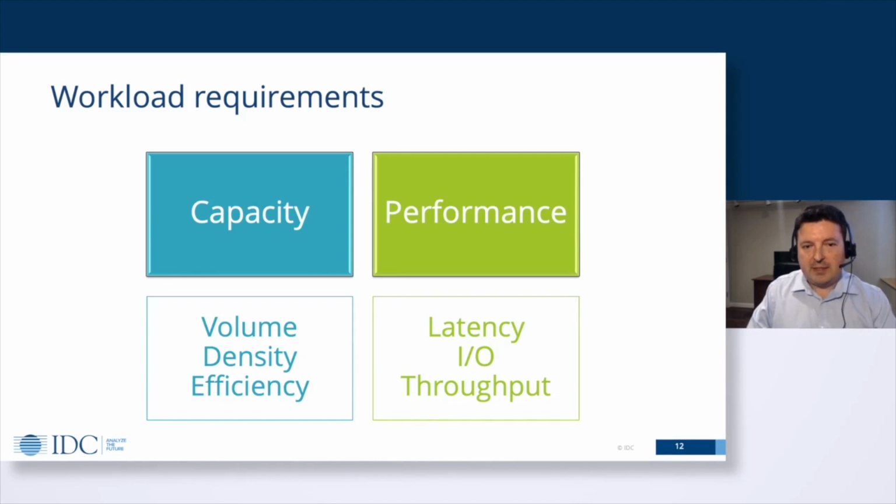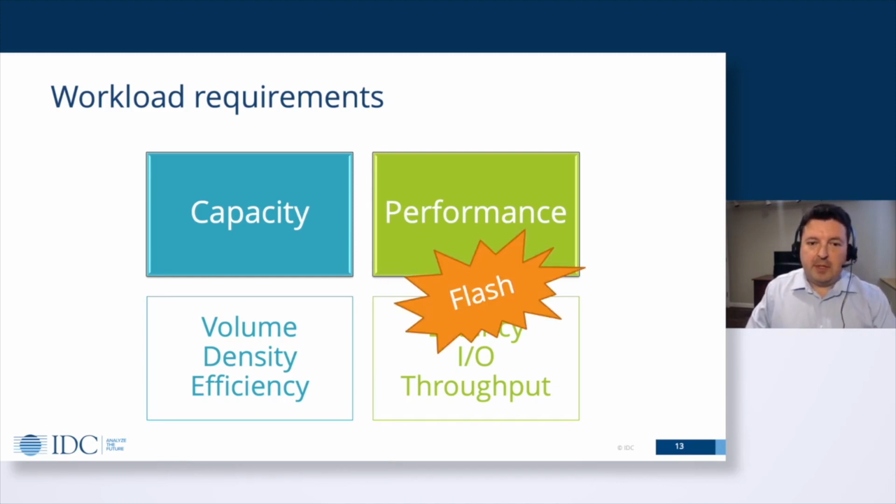We can think of capacity requirements in terms like total volume, which seems to always be growing tremendously, but also as density if we think of data center space or footprint and efficiency. On the performance side, we can very explicitly narrow down the performance metrics to latency, or how quickly you can start a request, to I/O, input/output, or how many requests you can carry out in a period of time, often measured in IOPS, input/output operations per second, and throughput, or how much data you can send in or out, or how fast.